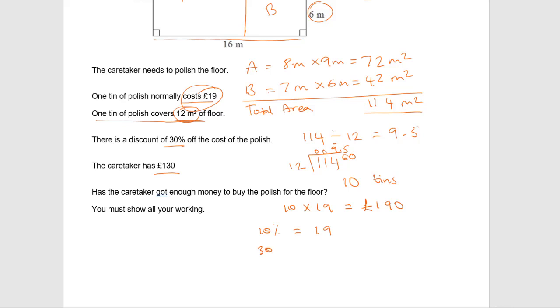So 30% is going to be 3 times 19, and that gives us an answer of £57. So we have to take away £57 from 190. So 190 take away 57, and that gives us an answer of £133.